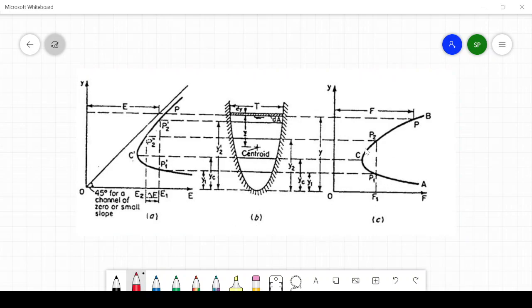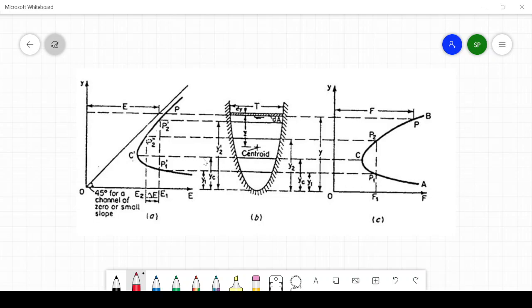What is the difference between specific energy and specific force? In specific energy, the line E is equal to Y makes an angle of 45 degrees. So here the upper limb is asymptotic to E is equal to Y in specific energy. But in specific force, the lower limb is asymptotic to the x-axis, that means F, specific force. That is the basic difference.